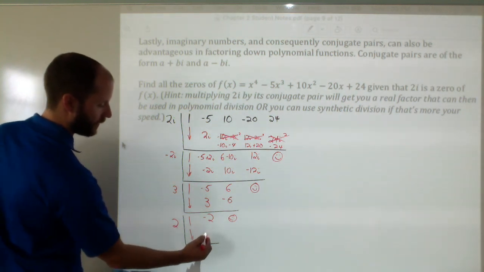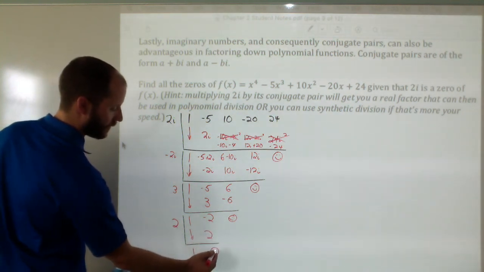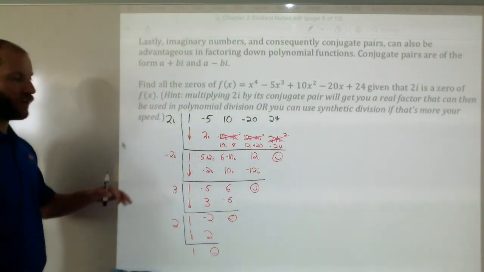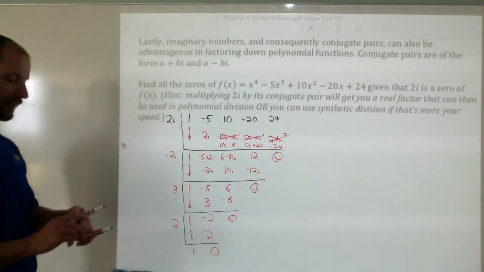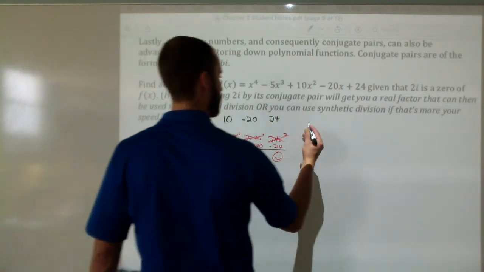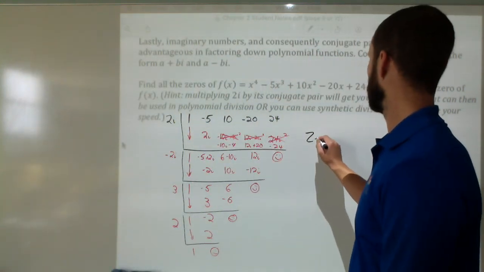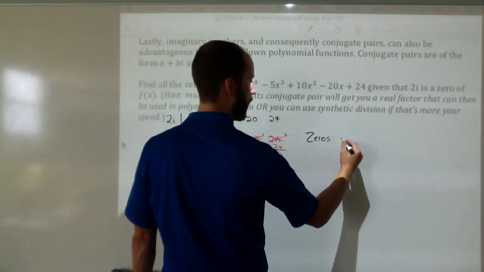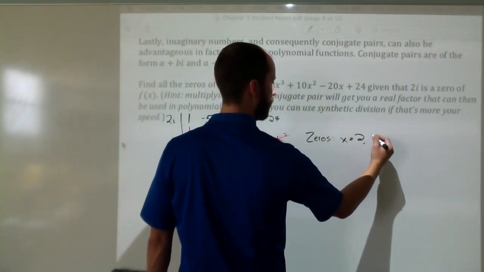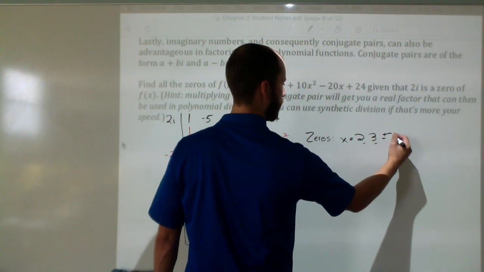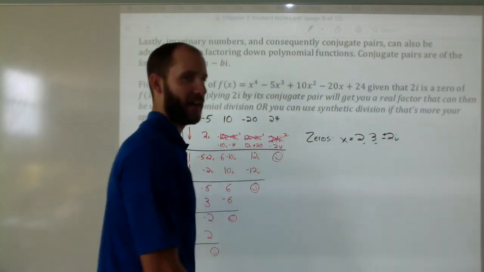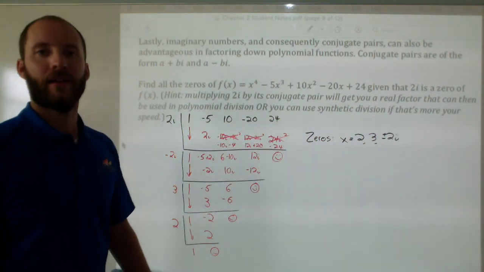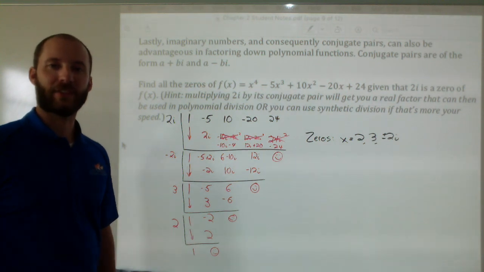Drop down. And I have fully synthetically divided this quartic. You probably can't see that. My zeros are x equals 2, 3, and plus minus 2i. You can now sleep soundly for the rest of your lives.